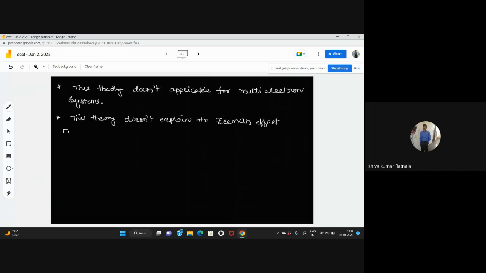So what does the Zeeman effect mean? Splitting of spectral lines in a magnetic field.